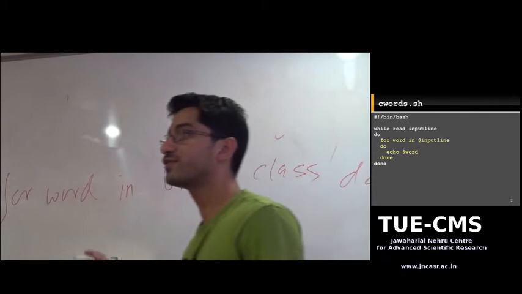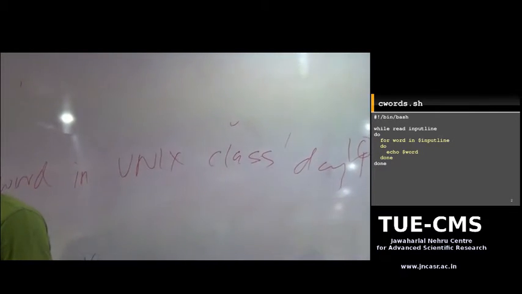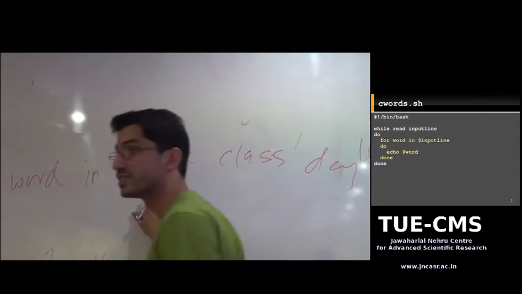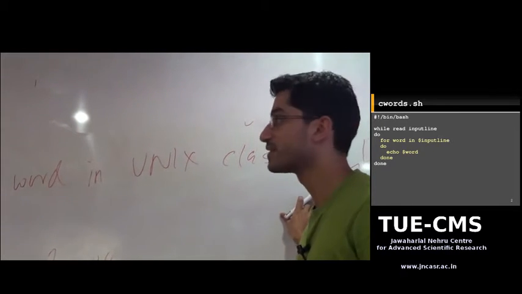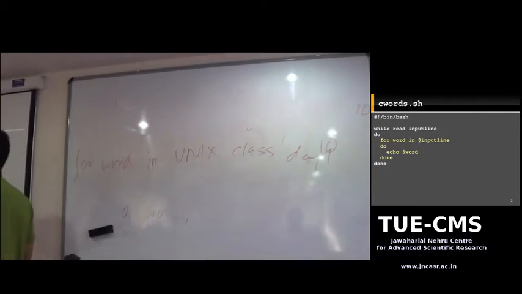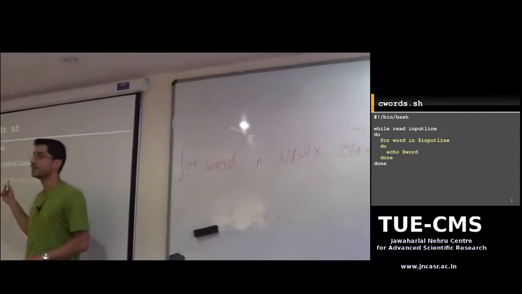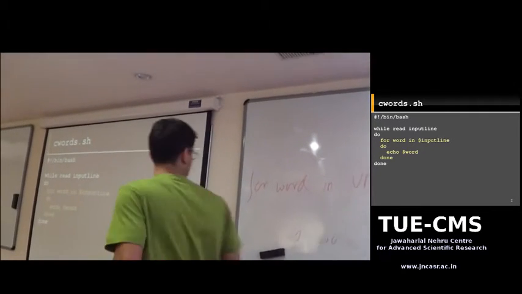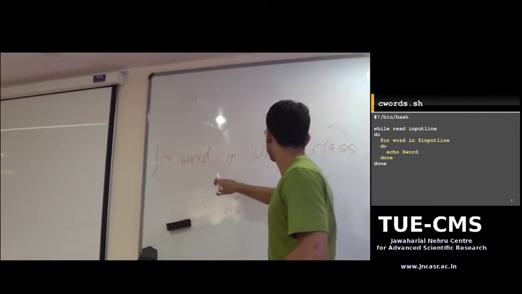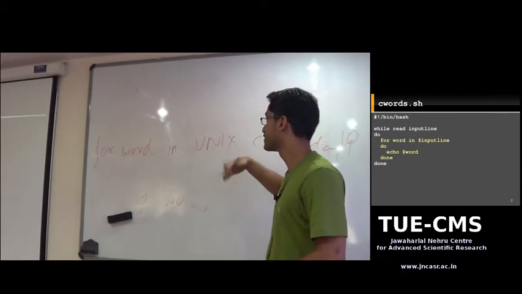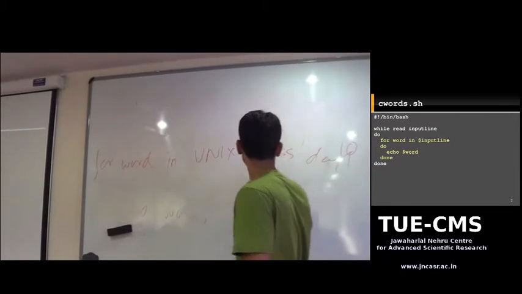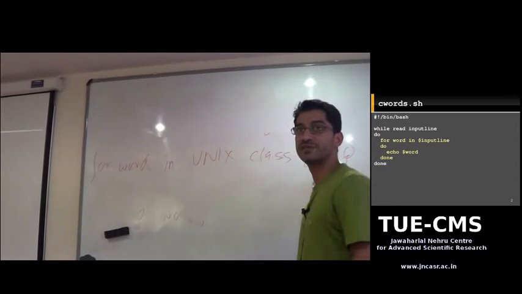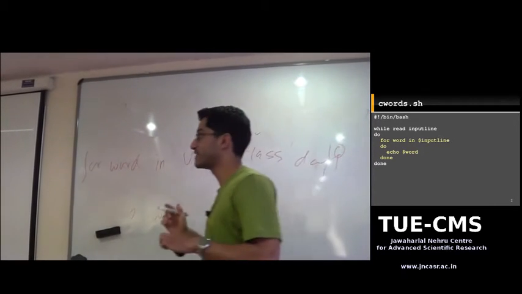Now you remember that for the for loop, the list is some words separated by space. So this loop is going to loop over each word in your first line. The variable word is going to be assigned Unix in the first loop, class in the second loop, day in the third loop. So now we managed to separate words.